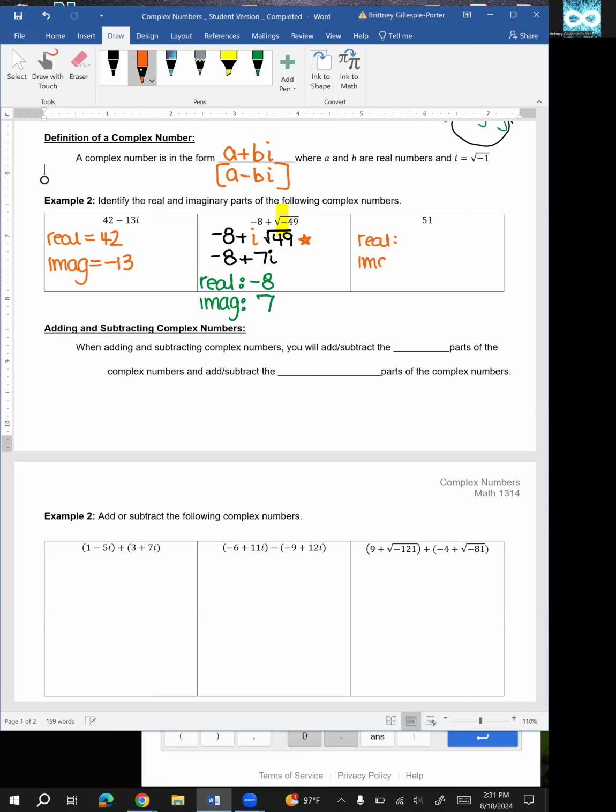There's no i. That doesn't mean it does not exist. We know the real part's 51, but the imaginary part, if it's not there, it's a 0. Because we would have written this as plus 0i, but do we write plus 0? No. So we canceled that out, and that's why it just looks like 51.